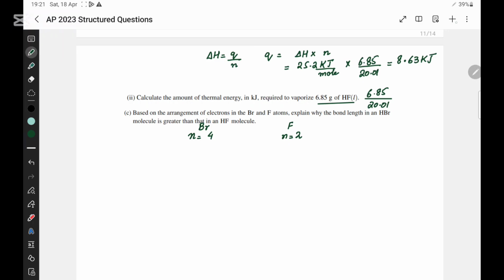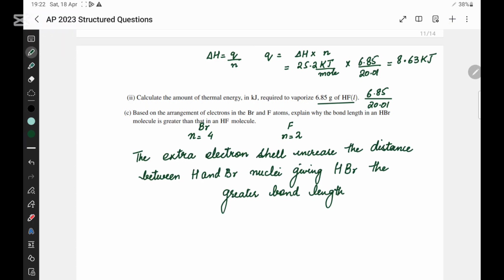How can we describe this? As we can say, bromine has 4 shells and fluorine has 2 shells, so because of the extra shells in bromine, it increases the distance between hydrogen and bromine nuclei, giving HBr the greater bond length as compared to hydrogen fluoride.